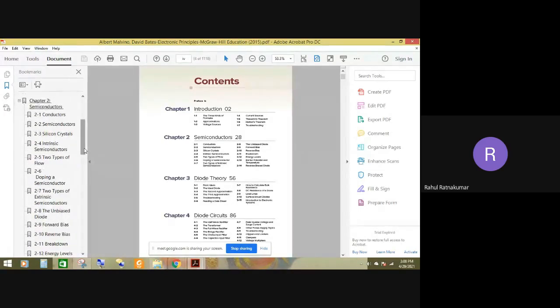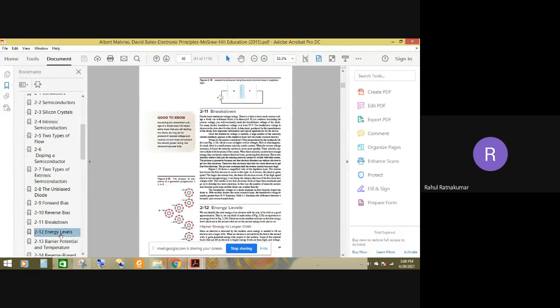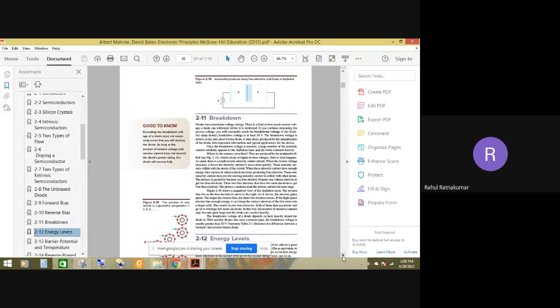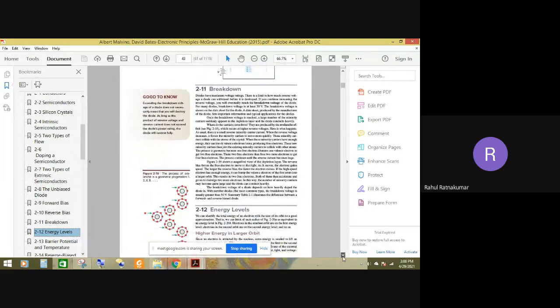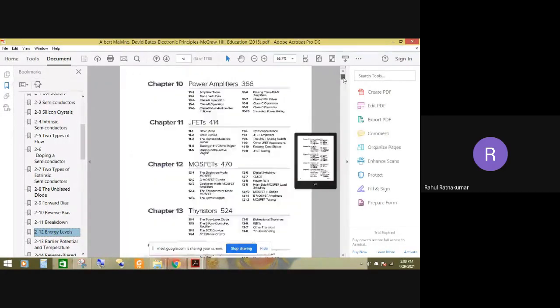For example, we can say Germanium devices are faster because the energy band gap is a bit lesser. So we can explain some things using semiconductor physics. It is required, but not in that much depth, because ultimately we are trying to design circuits. So some basic understanding is required. This comprises the first few chapters, maybe one to two chapters.